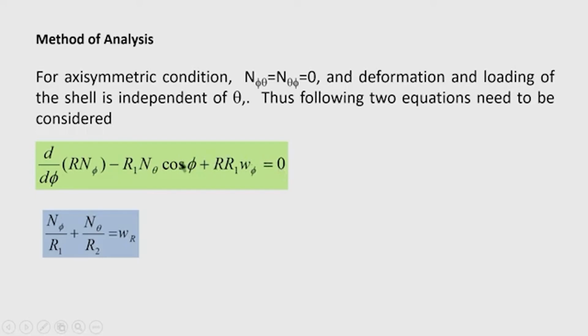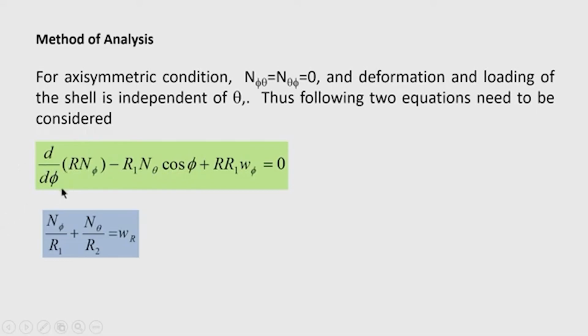Here n theta is the circumferential stress and n phi is the meridional stress. r 1 is the principal radius of curvature of the meridional curve and r is the radius of the parallel of latitude. So, these are the symbols.